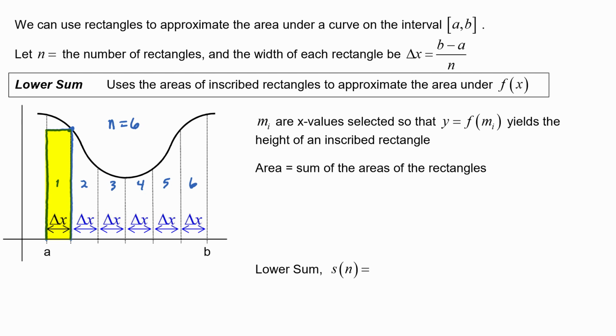Now, notice that the height of the inscribed rectangle is the y value right here. What we call the x values are lowercase m sub i. So this would be lowercase m1 because it is the x value we are going to use to plug into the function so that f of m1 gives us the height of the rectangle in region 1.